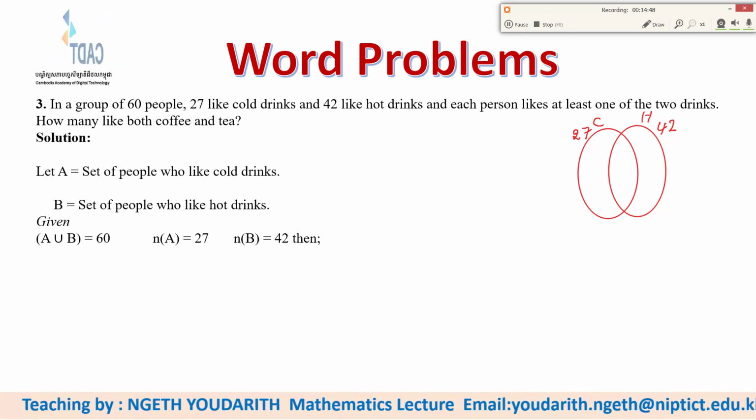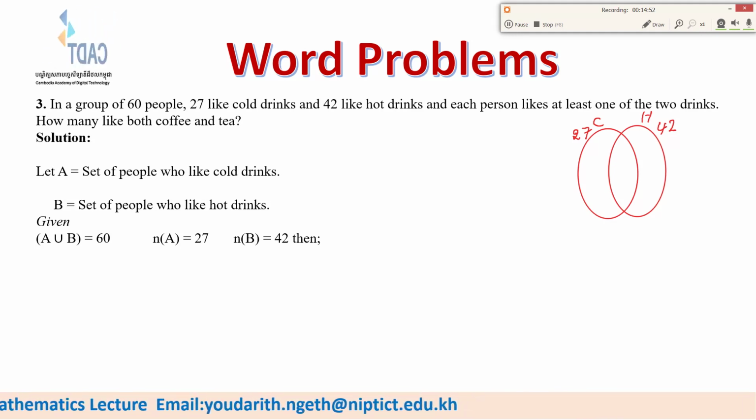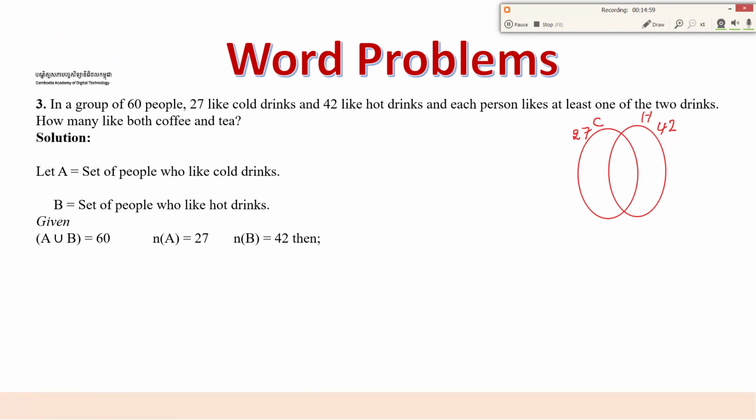And the first, we let A be the set of people who like cold drink, and B the set of people that like hot drink.